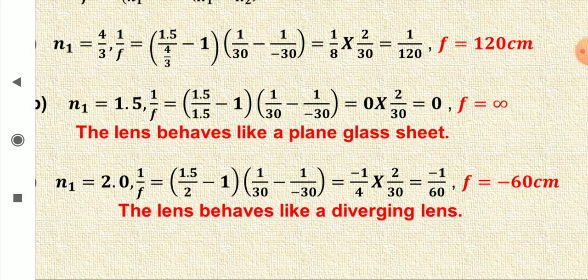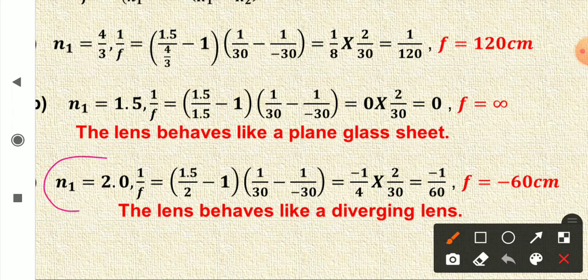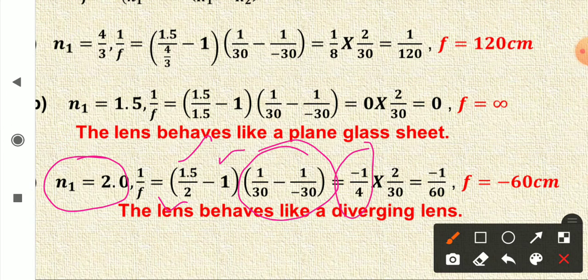And the third case, what if the outside medium is denser? N1 is denser. So you get 1 upon f is 1.5 upon 2 minus 1, and the bracket term as it is here. So you simplify it, you get minus 1 upon 4 into 2 upon 30. Simplify, you get minus 1 upon 60, and f is minus 60.